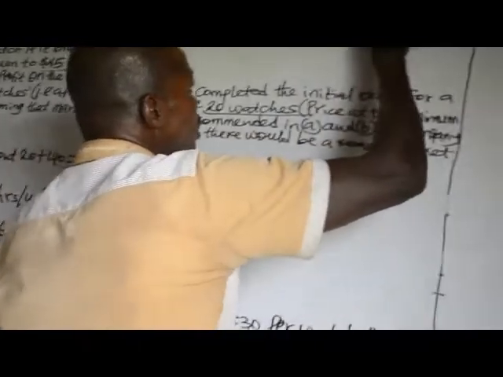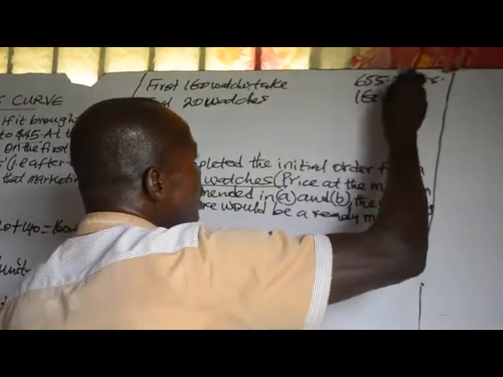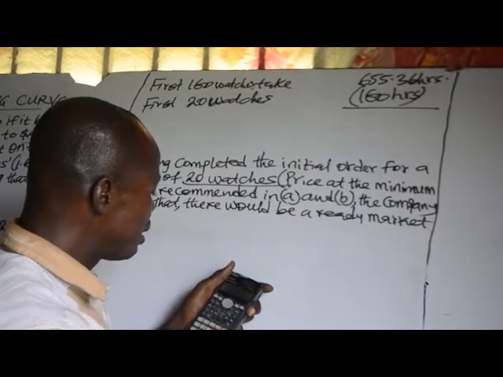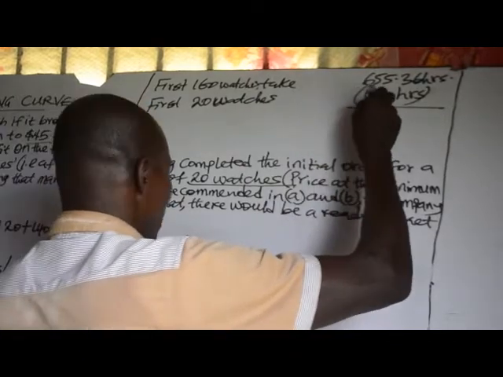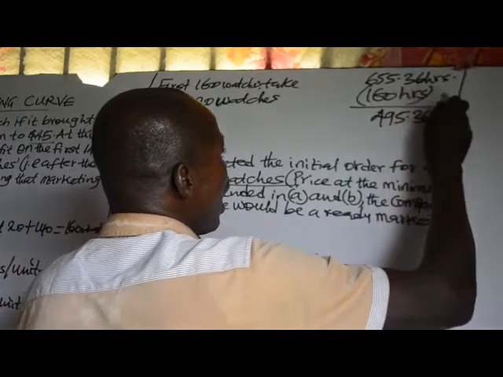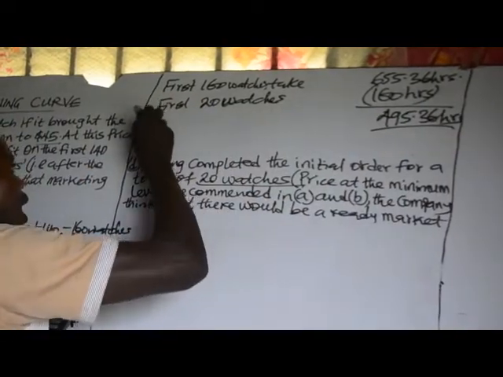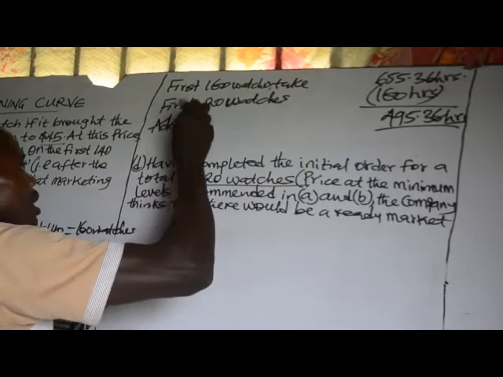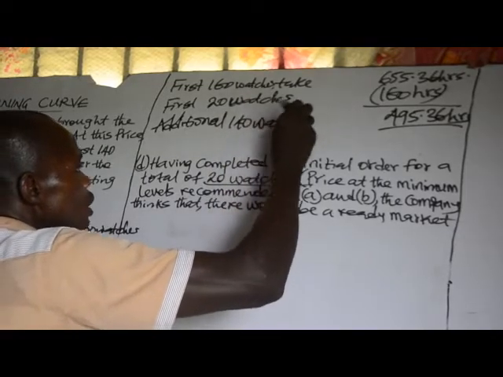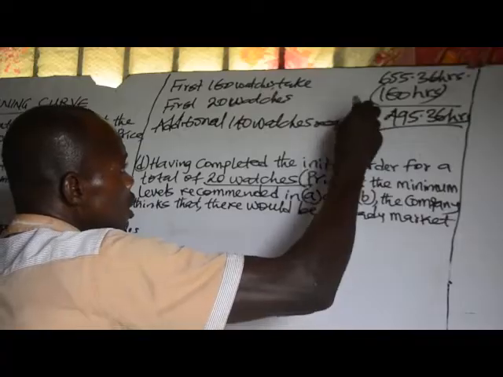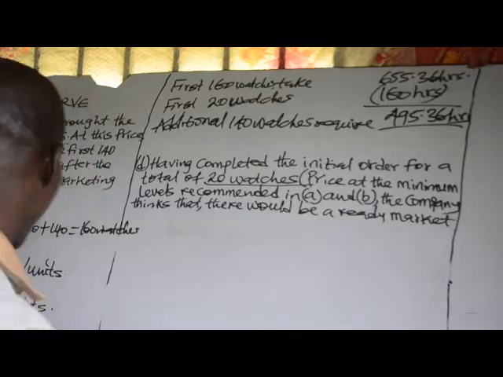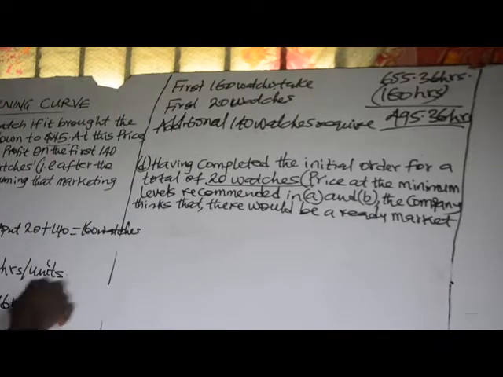If you subtract 160 hours from 655.36, that means the extra 140 units will require 495.36 hours. That is additional or incremental, that is the extra 140. Additional 140 watches require 495.36 hours.